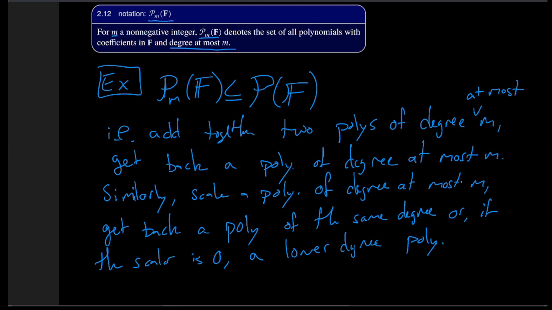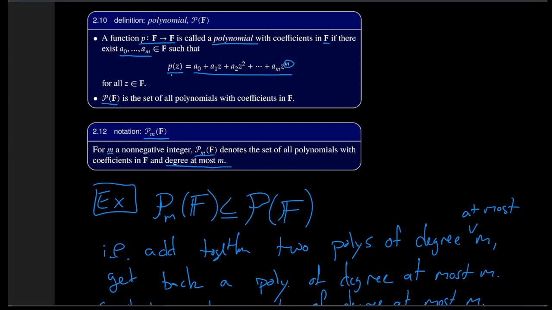Okay, so it's definitely closed under scaling, definitely closed under addition. We can write out this fact just by writing two polynomials in this form with different coefficients, put some primes on the a's and so on, add them together, group things up, and you can see it right away.